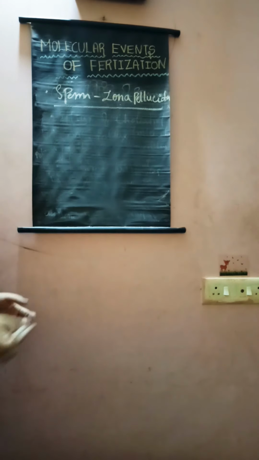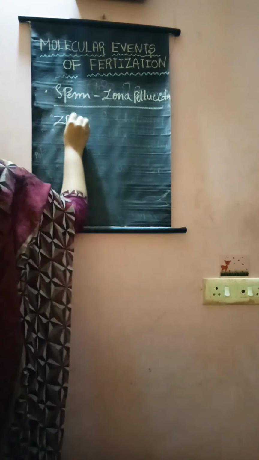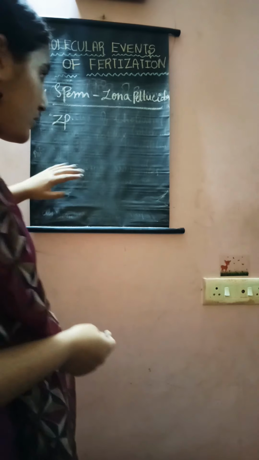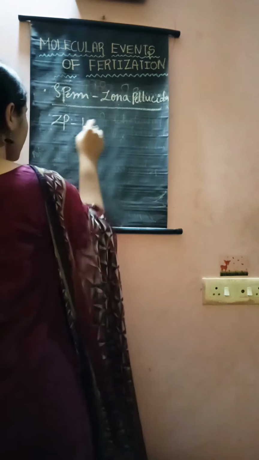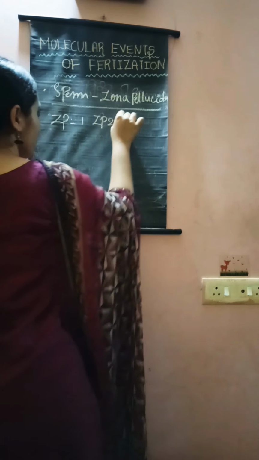Now, the zona pellucida is a glycoprotein layer. It has several proteins, basically called ZP, zona pellucida proteins. It consists of 4 types of proteins: ZP1, ZP2, ZP3, and ZP4. ZP1 is synthesized by the oocyte itself and its functionality is not well known.